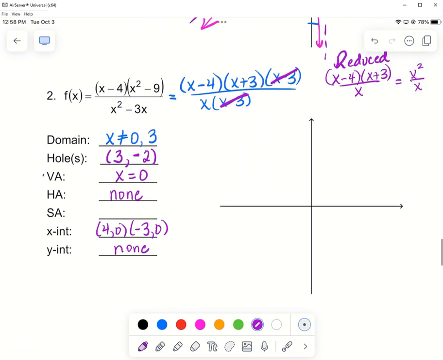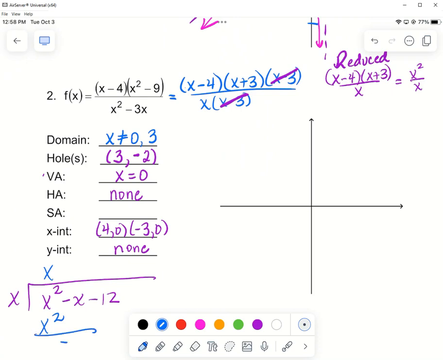Now I'm going to have to multiply x minus 4 times x plus 3. I think you're with me that that would be x squared minus x minus 12. If I multiply that out, I want to go for x. Well, that'll be nice and easy. So that's going to be x there. I have x squared. That would cancel.